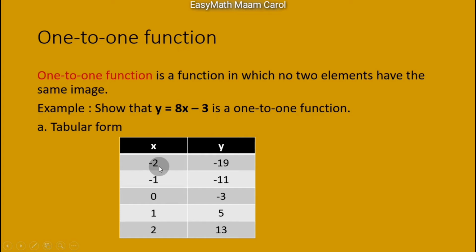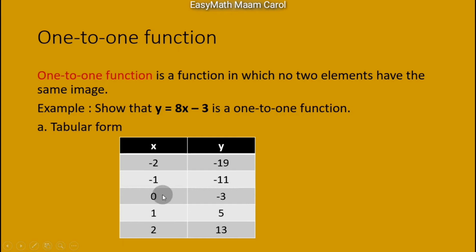So, starting with negative 2, we have 8 times negative 2 is negative 16, minus 3 is negative 19. And then, if we are going to substitute x with negative 1, 8 times negative 1 is negative 8. Negative 8 minus 3 is negative 11.